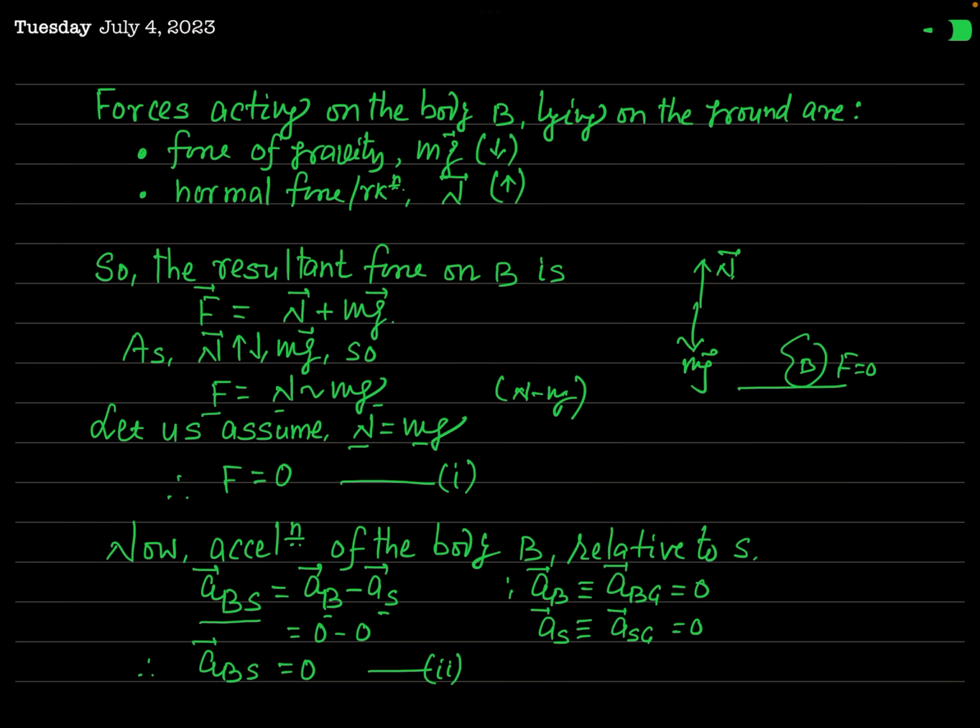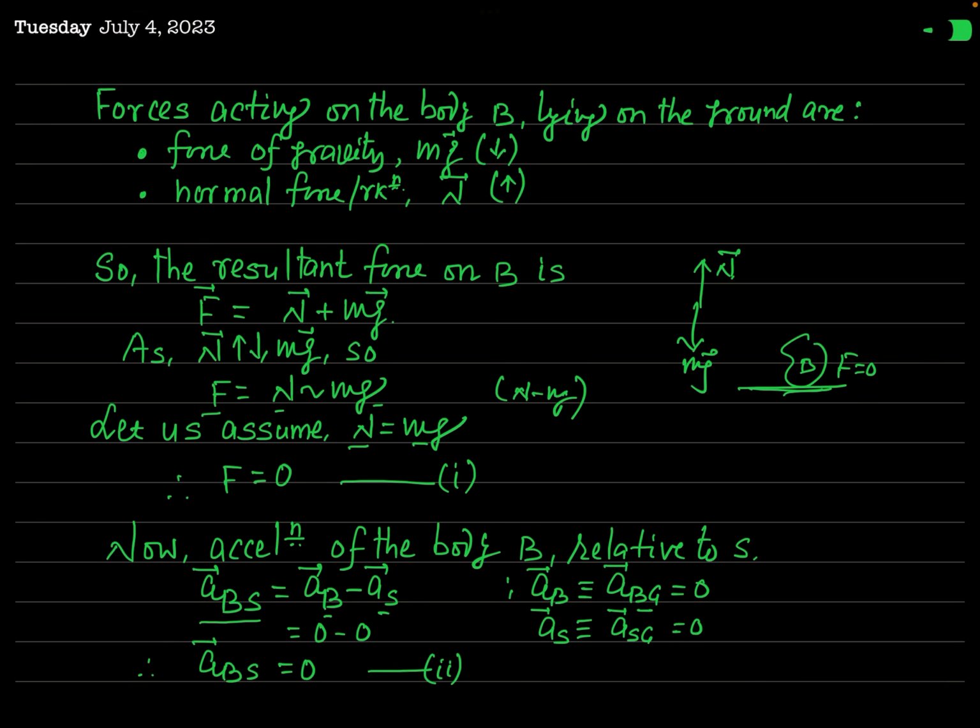What is this AB? When you write only one subscript, that means you are talking about the value of that quantity with respect to ground. This AB is actually equivalent to ABG, the acceleration of B with respect to ground. But you have considered that this body is lying on the surface of the ground. Since it is stationary on the surface of the ground, definitely its acceleration with respect to ground is 0.